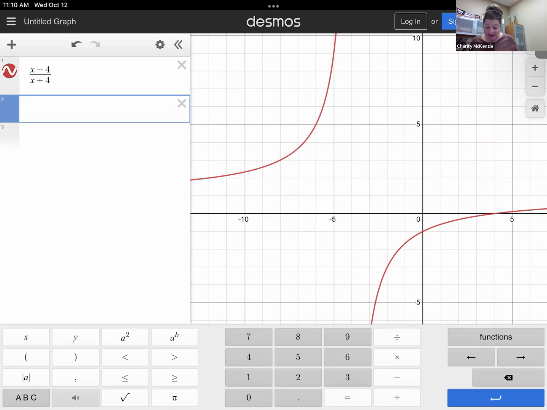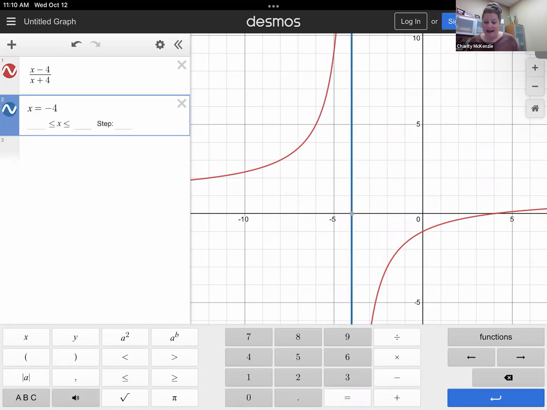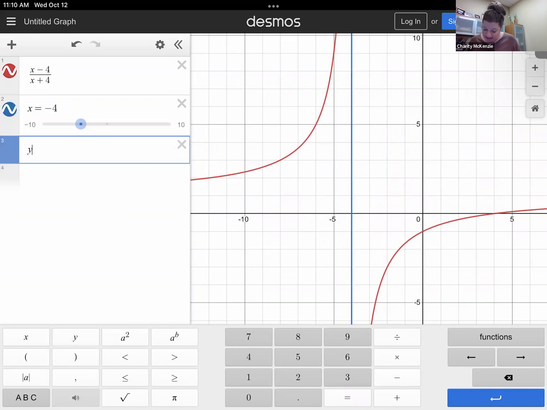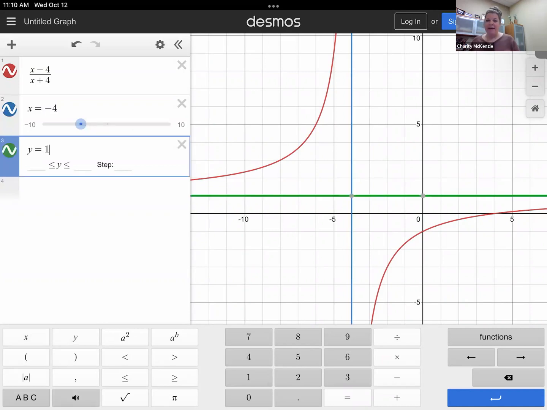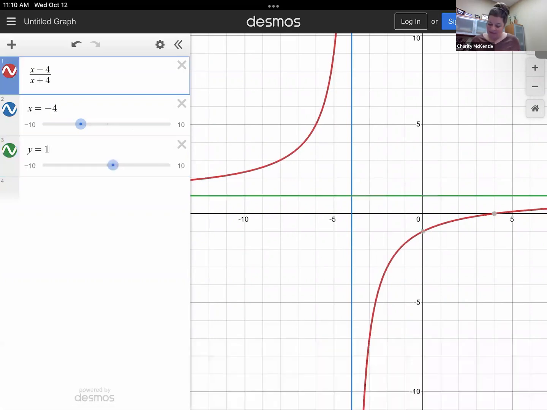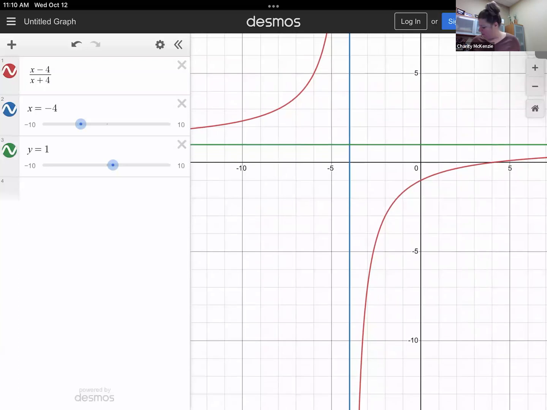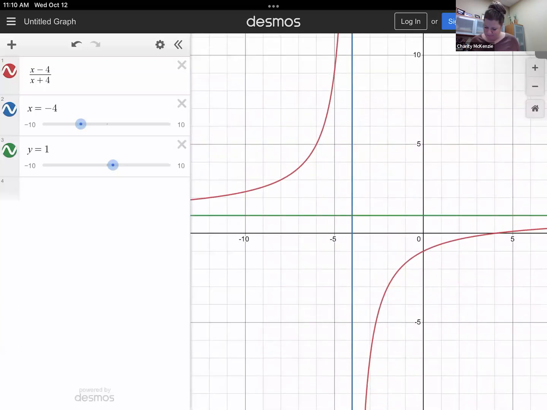If we want to add those asymptotes, it was x equals -4. That's that asymptote, and y equals 1. See how they get close to those, and we're in those two sections. Perfect. And you can even see where it crosses the axis there. And the other one crosses here. Couldn't visualize it with that red there, but there we go.